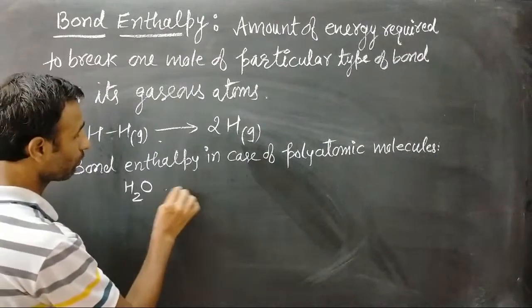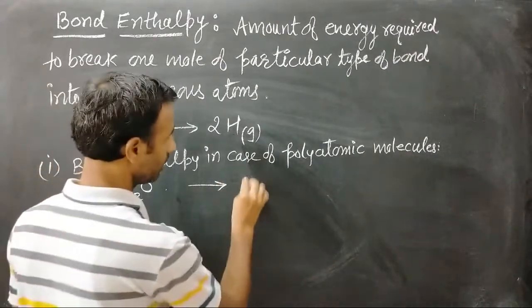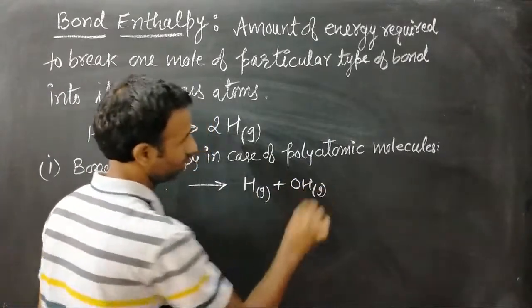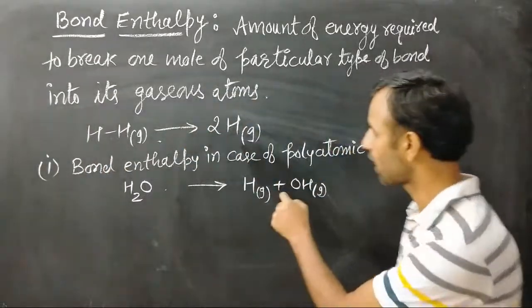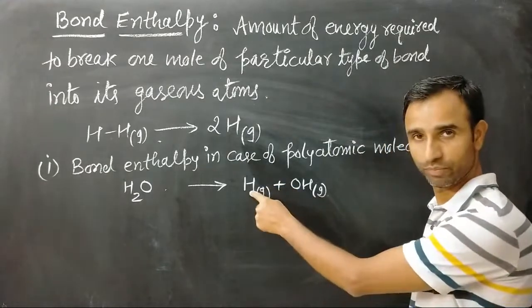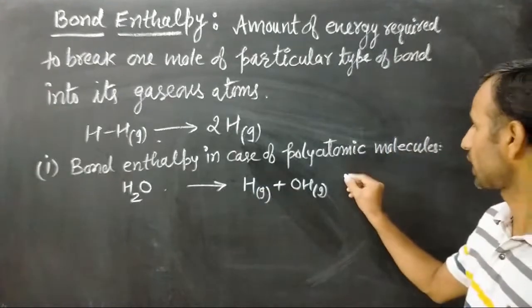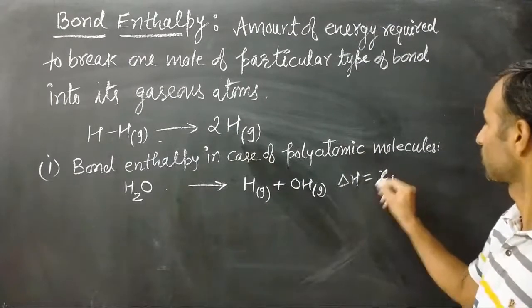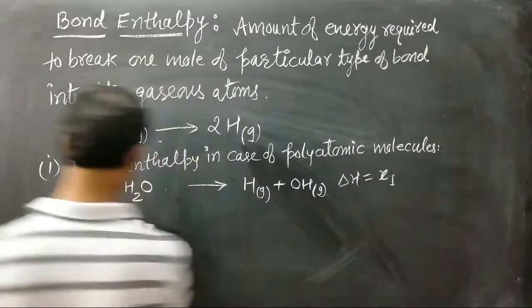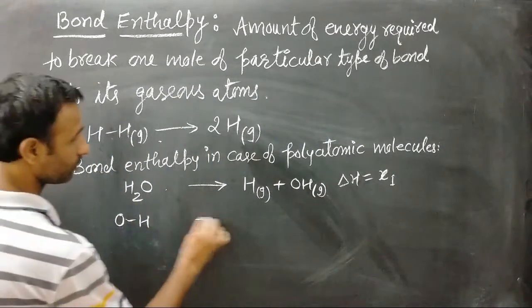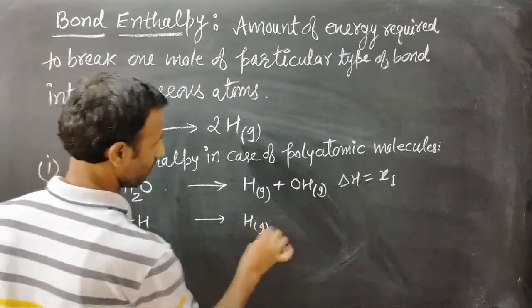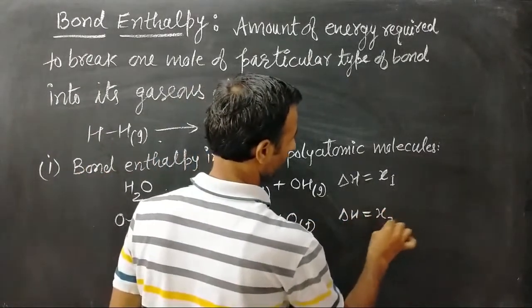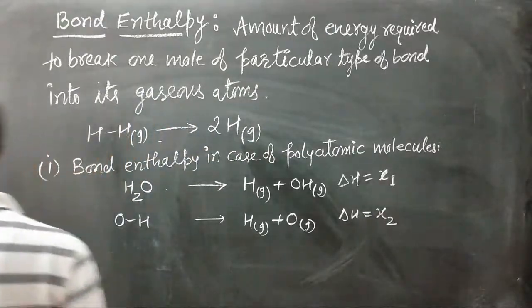So breaking of one OH bond, let us take the energy required as X1, and to break the second, energy required is X2.